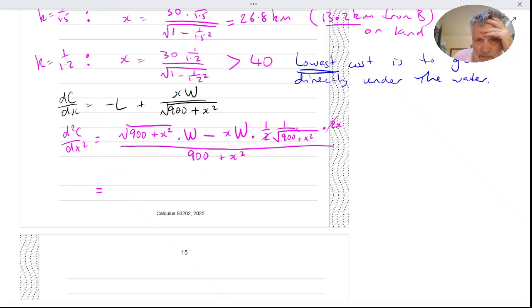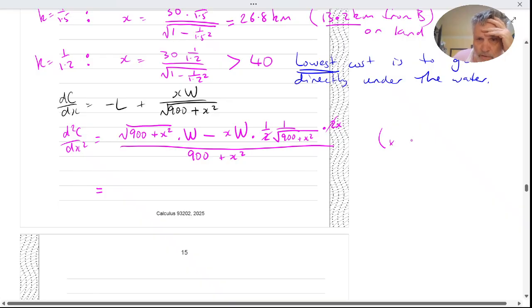So we've got a fraction here in the denominator. If we multiply the whole thing by root of 900 plus x squared over the root of 900 plus x squared, that will get rid of this fraction in the denominator.